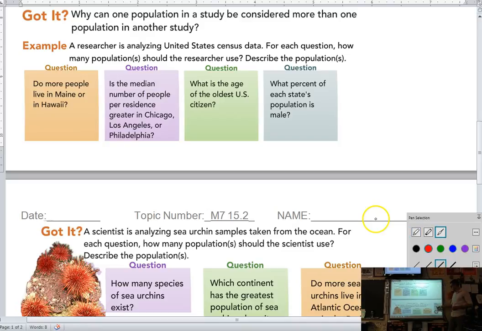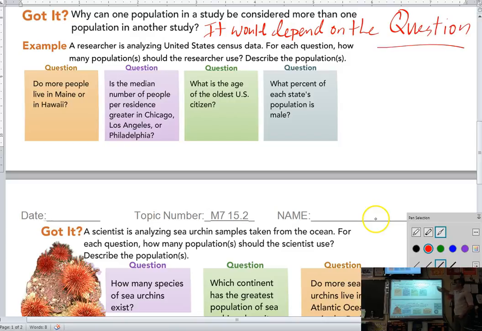So how do you figure out what you're trying to compare? Whether or not the question says that you're trying to compare, like names of 7th graders and names of 8th graders. So it depends on the question.